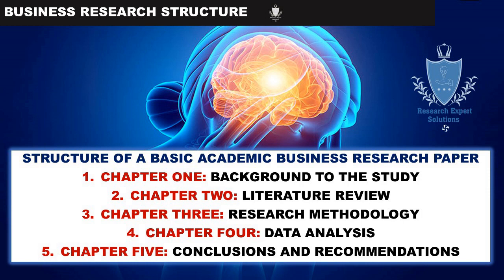And then on the other hand, we have the significance of the study, which basically tells us who are the stakeholders of the findings in this study. And we've already covered that part.